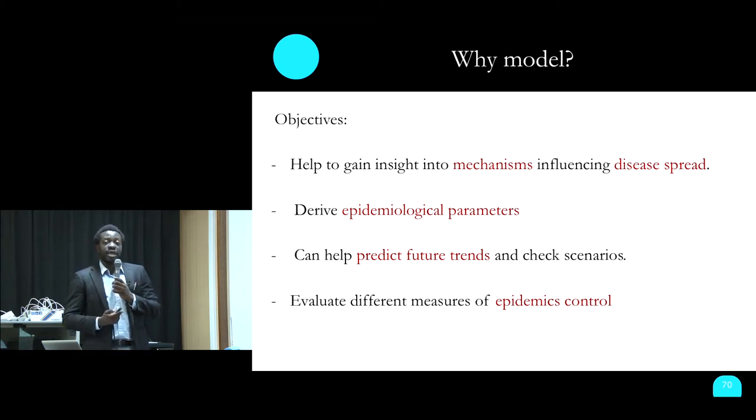For all those questions, we can make simulations using mathematical models to see what may happen if I do this intervention, and what kind of effects I can have. With a mathematical model, we can get an insight into the mechanisms that influence disease spread or disease control within a population. We can also estimate some epidemiological parameters, and it helps us predict future trends.